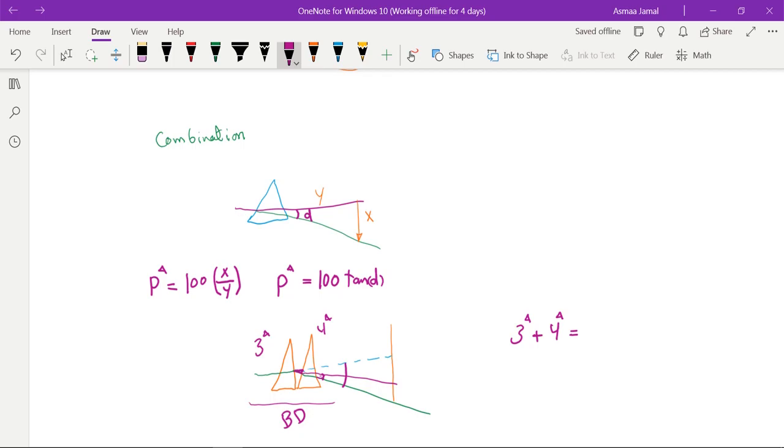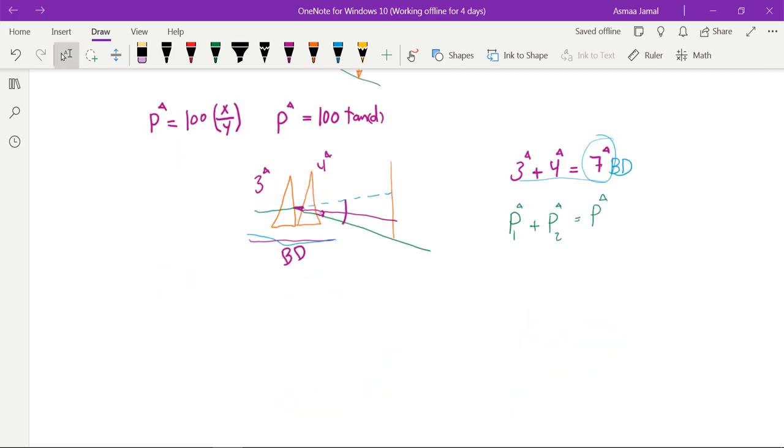So the total deviation here is 7 prism, which means when they are both in the same direction, we can easily add the first prismatic power to the second prismatic power, and this will give us the total power of those combined prisms. And most importantly, we need to remember the direction of the prism. So here we said they are base down, so the power here is 7 prism base down.